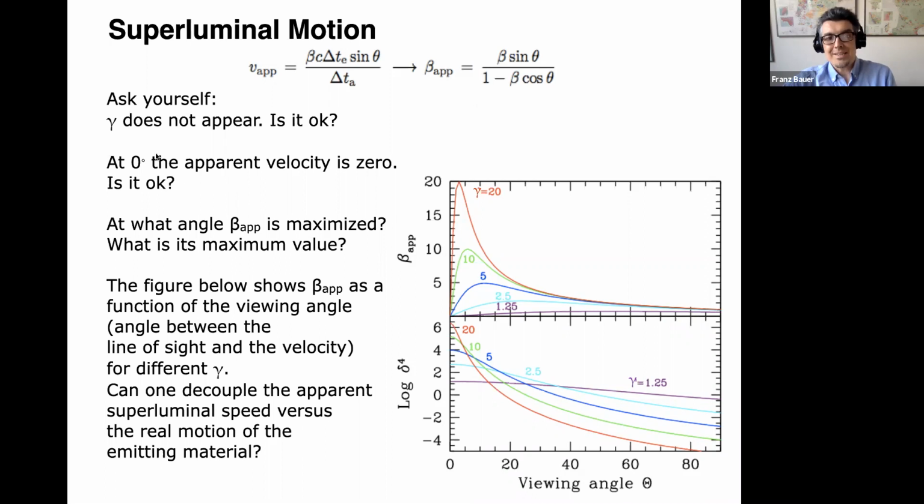As I mentioned, at 0, the apparent velocity is 0, and that should be okay because it's just coming towards us, right? So there is no superluminal motion. And at 90, it's moving away from us, and we don't get any boosting. The big trick question is at what angle is this maximized? And this will depend on the speed, because the maximum here is the multiplication of beta times sine theta and beta times cosine theta.